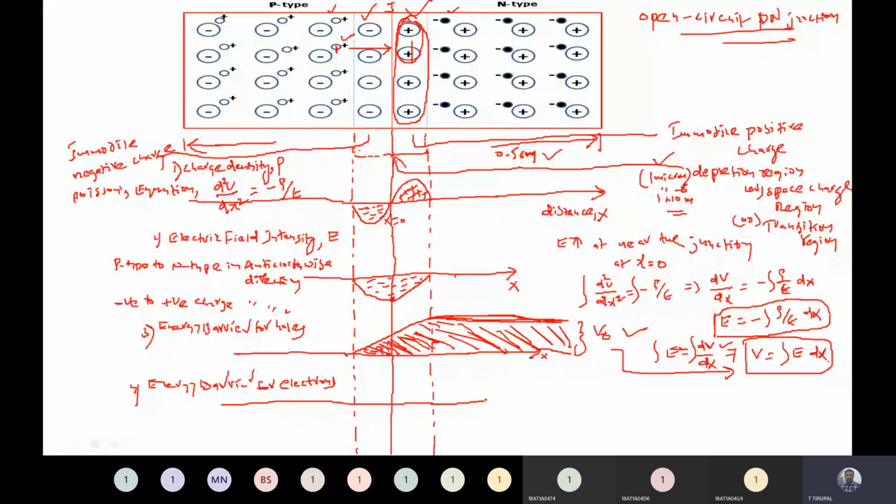If an electron wants to move, see, these are electrons. If an electron moves near the junction, it will not cross the junction. Why? Because it is overcome by a barrier in the p-type semiconductor. This barrier is called the negative barrier.